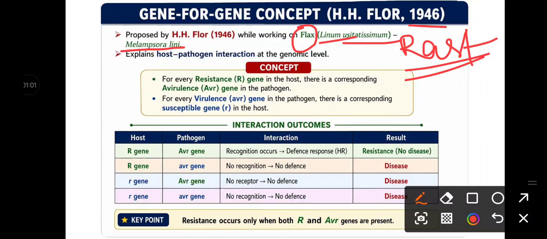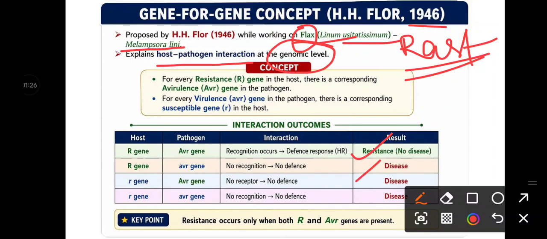So what does this concept explain? This gene for gene hypothesis explains the host pathogen interaction at the genomic level, at the gene level: how the pathogen gene as well as the host gene interact, which ultimately results in disease as well as resistance.